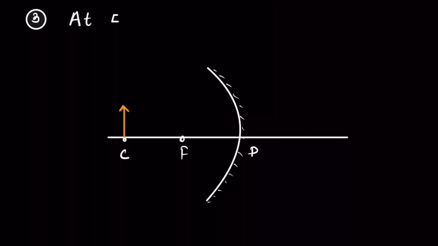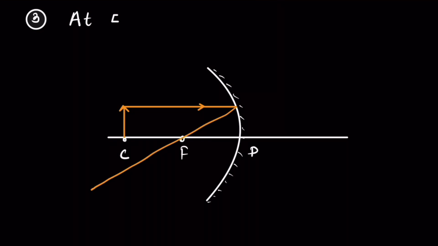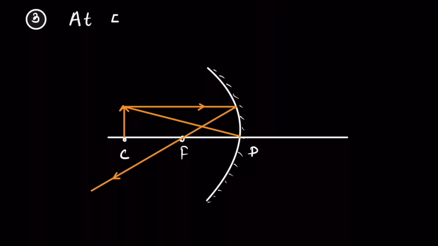In all the cases, I will take two rays where one will be parallel to the principal axis, and according to rule number 1, it must pass through the focus. Second is, when the incident ray passes through the pole, center of curvature behaves as a normal. Why will I take these two rays only? Because it's easy to remember. So in the exam when you draw, you will feel more confident.